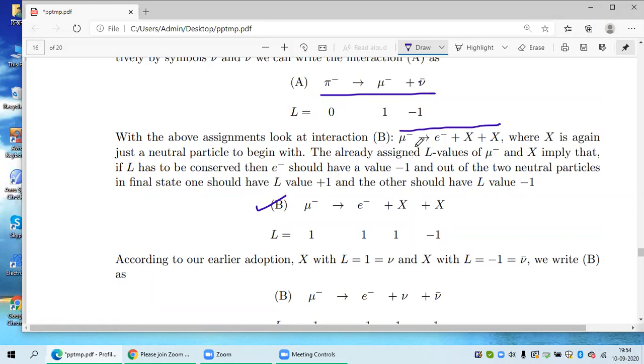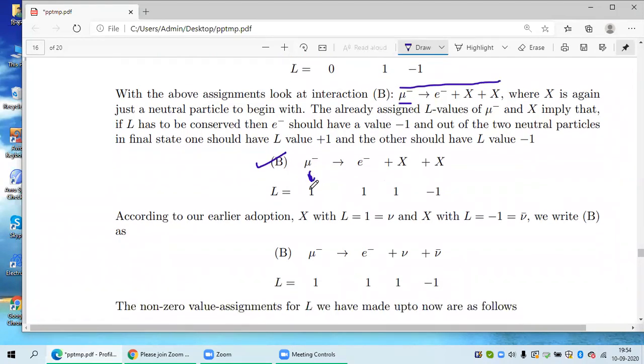The already assigned values of mu minus and X imply that if L has to be conserved in this reaction, then what are the possibilities?